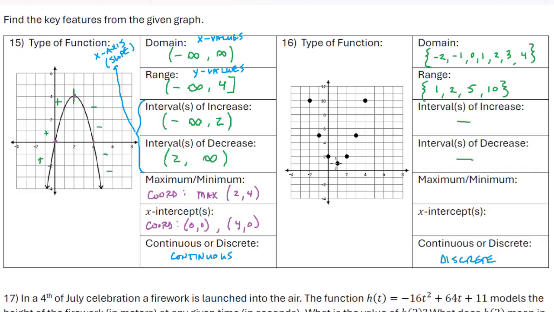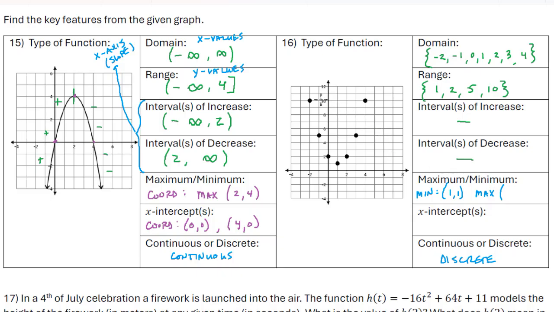We know there's a minimum point here, so technically, the minimum point is at 1, 1. And I'm kind of unclear about this one, because maybe we wouldn't actually say minimum or maximum if it's not continuous. But let's just go ahead and note these.